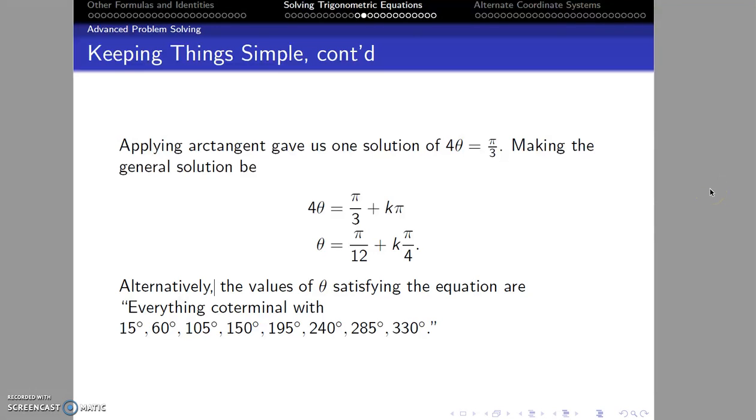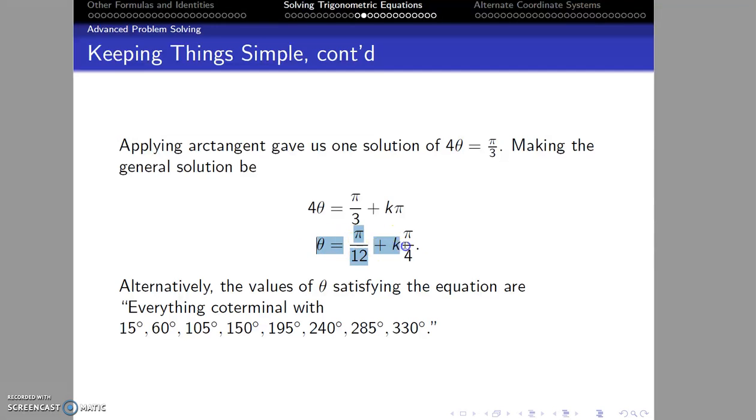Additionally, I'm hoping that we'll slowly, as we progress with this, start to buy more and more into using this k pi or k pi over 2 or k pi over 4 kind of notation. Because if you were to write out in words what this simple equation says, you would have to say, this is everything coterminal with 15 degrees, because pi over 12 is 15 degrees, and you'd have to add 45 degrees to that over and over again until you make it all the way around the unit circle.